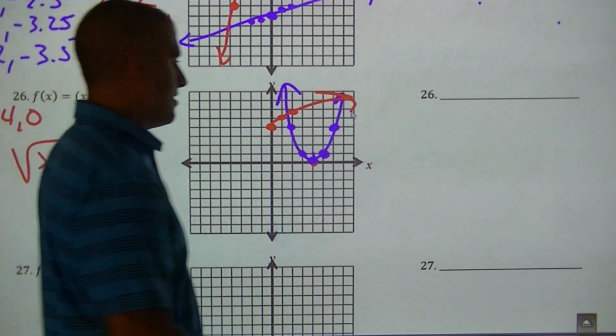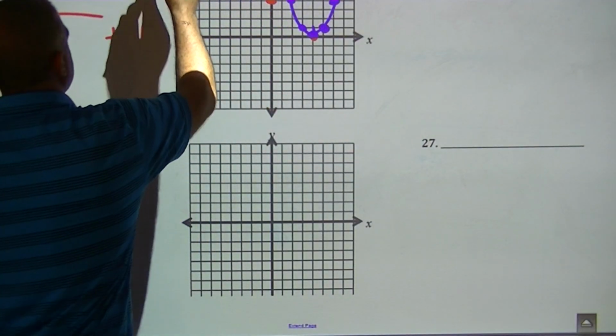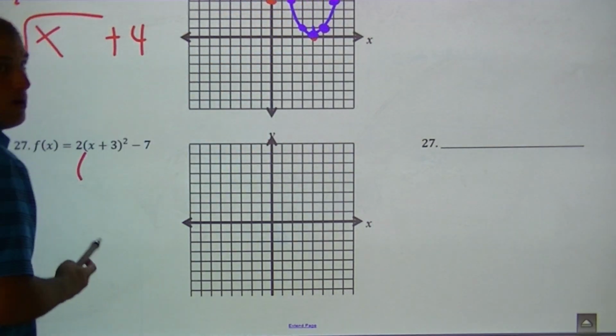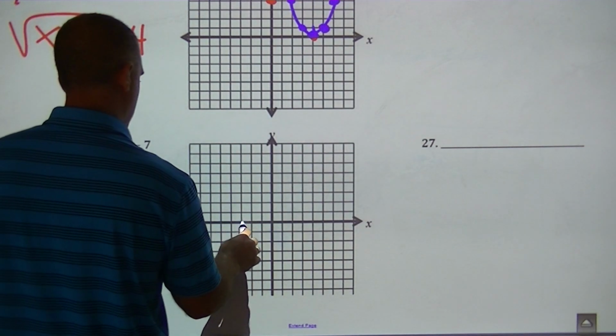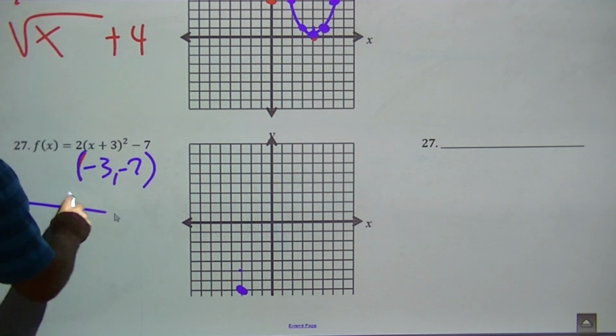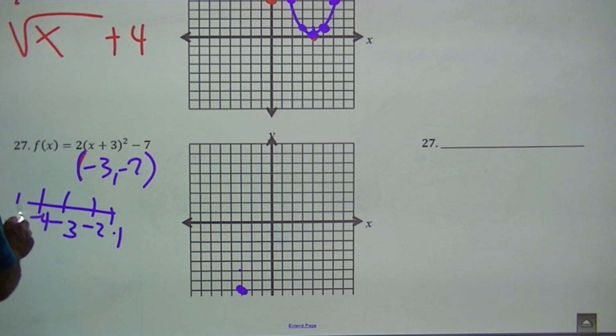Okay, and then this last example, the anchor point for the regular one would be (-3, -7). So it'd be here. If I'm at negative 3, obviously I'd plot negative 2, negative 1, negative 4, and negative 5.